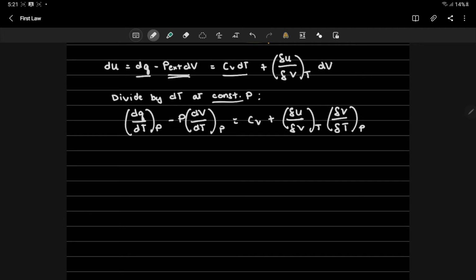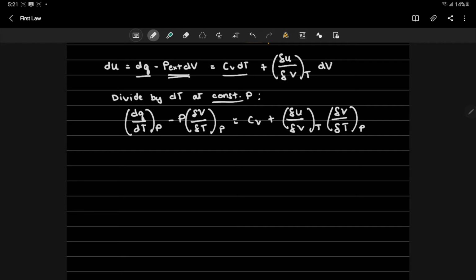Kasi nga, we are dividing by dT at constant pressure. Okay? In fact, I'd like to use partial derivative dito. So, instead of dV, gawin ko siyang partial of V. And instead of dT, I'll use partial of T.